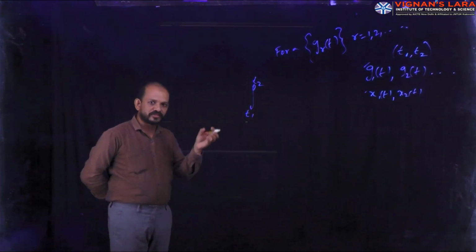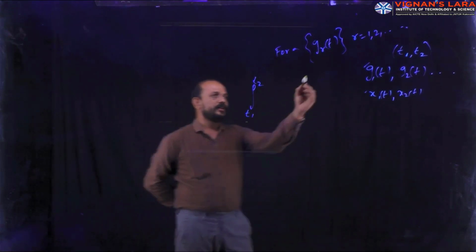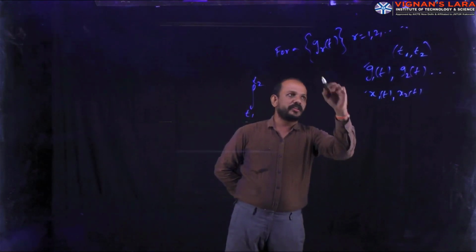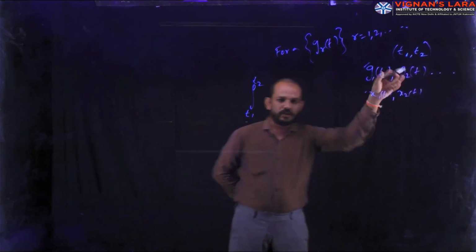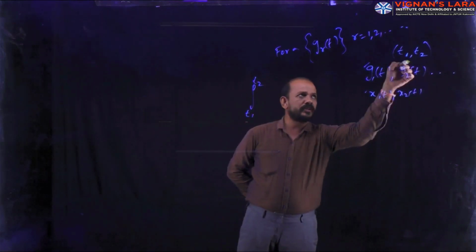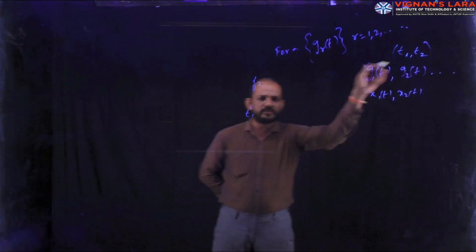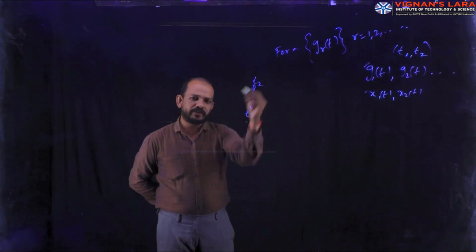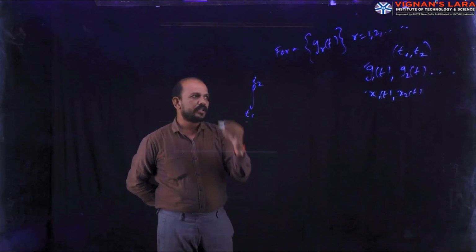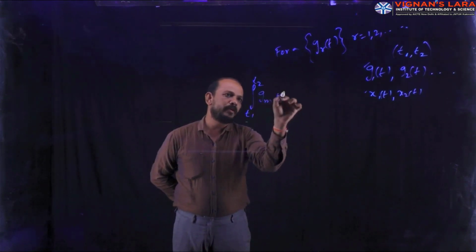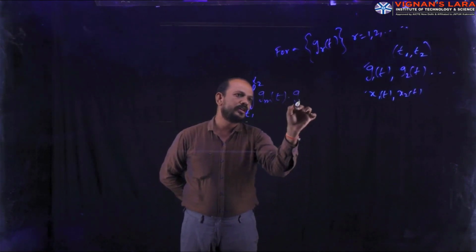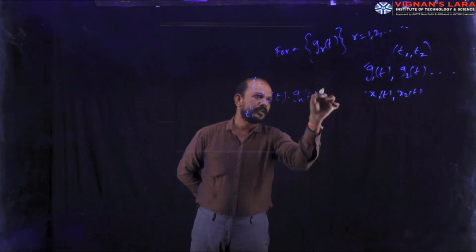I will use that concept here. In the set gr of t we have g1 of t, g2 of t, and so on, which are mutually orthogonal over the interval t1 to t2. So I can write the integral from t1 to t2 of gm of t into gn of t dt.